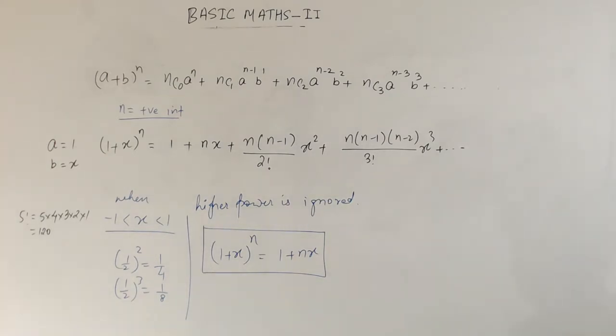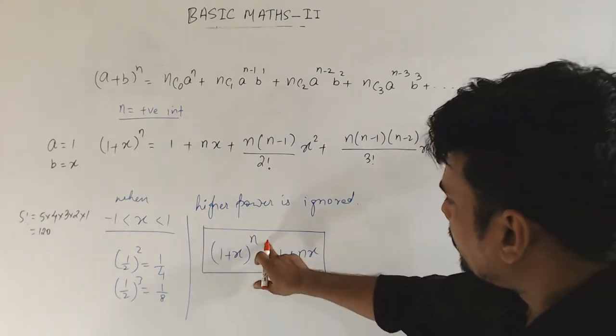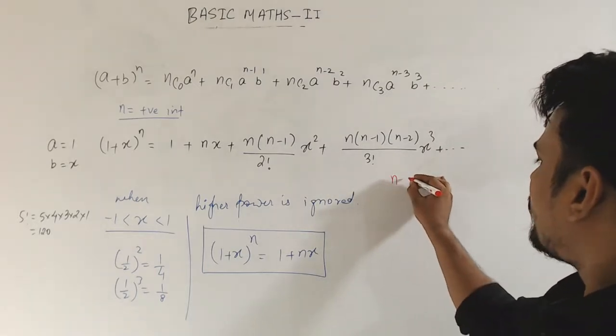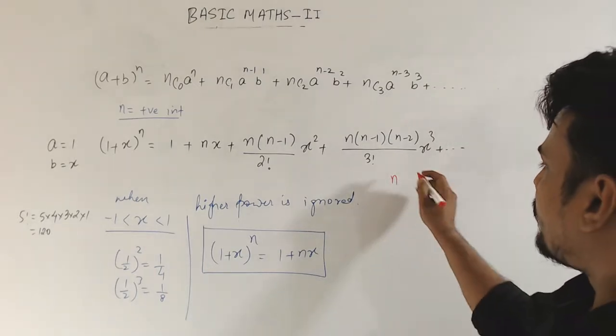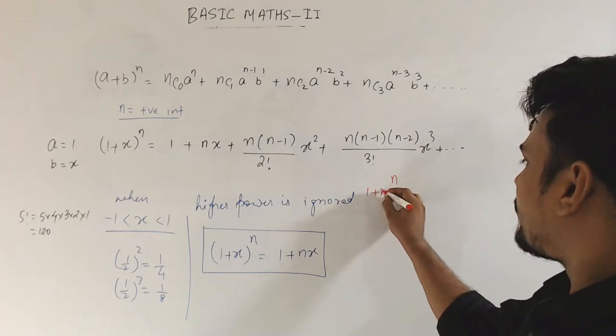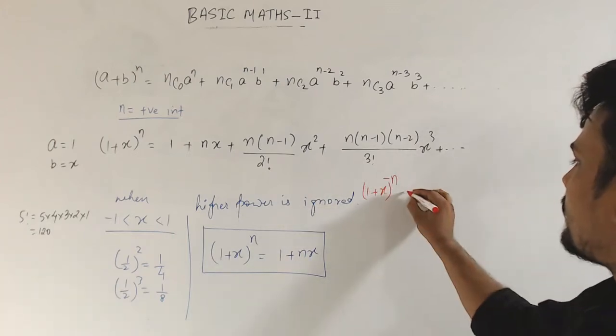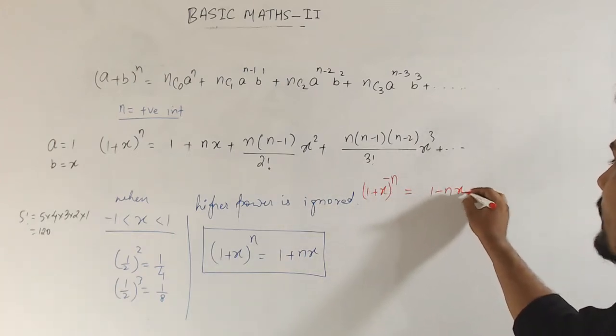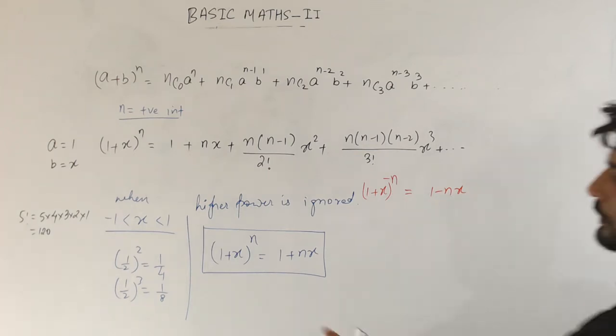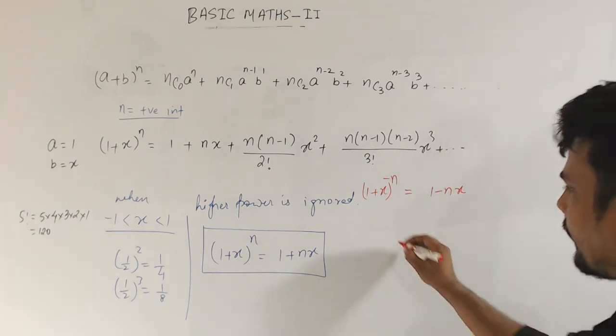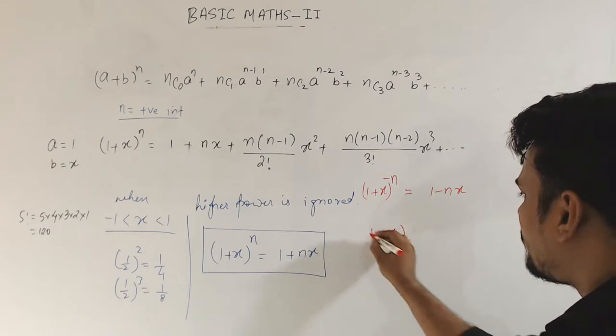Anyways, let's say if n is a negative value, then I would have something like 1 plus x raised to the power of minus n. Then this is going to be 1 minus nx, as simple as that. This could also be applied when we have 1 minus x to the power of n.